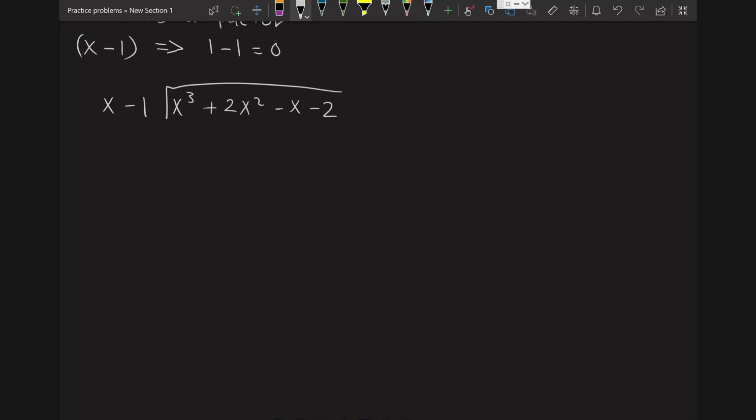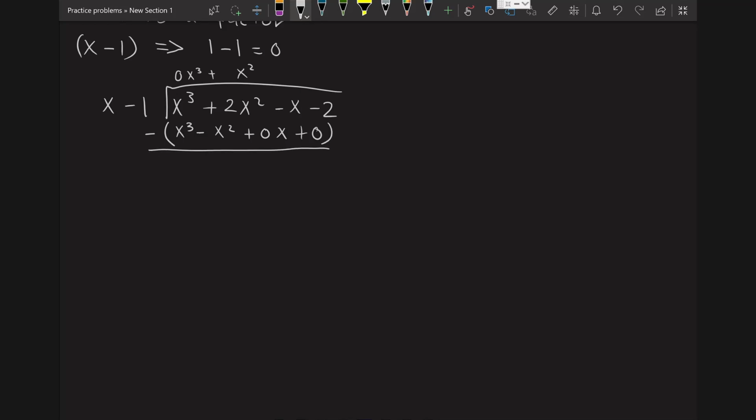So x cubed divided by x is x squared, and I like to keep things lined up, so I'd put a 0x here, and then this way it's just easier to follow. So x squared times x is x cubed, minus x squared, and then plus 0x plus 0, and then this way every term has a term to deal with.